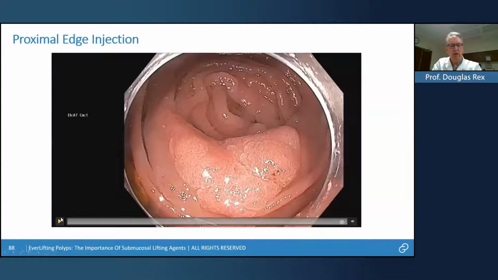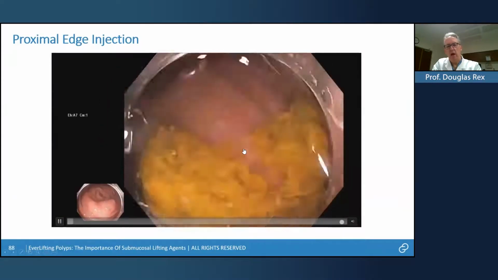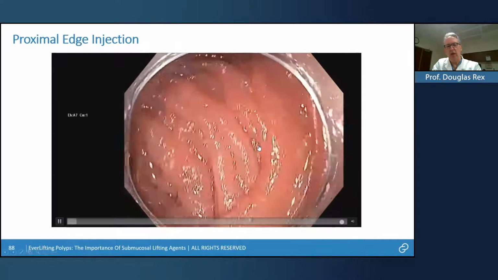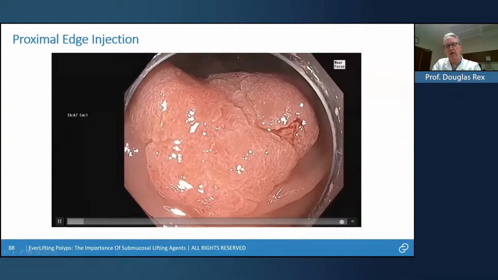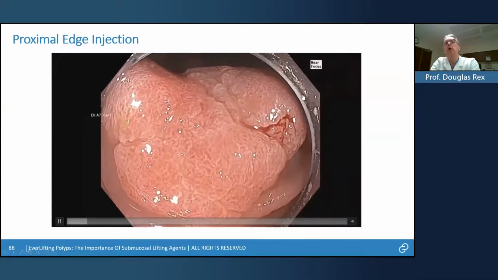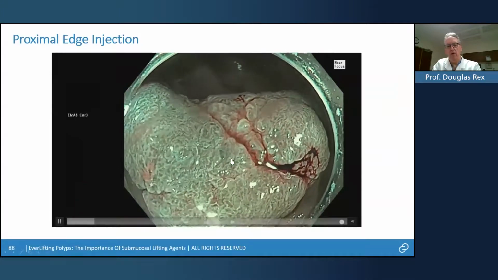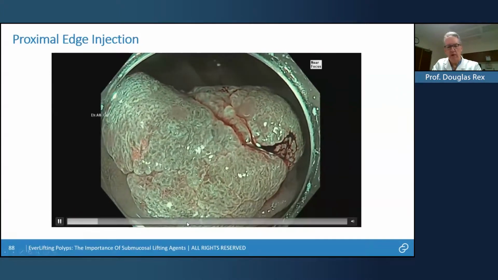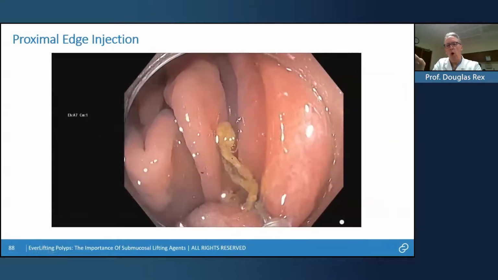This is a lesion that's down in the cecum. And again, you can see that it doesn't look perhaps like there's a lot of lesion on the other side of this little fold down in the cecum. But again, you should never underestimate how much polyp may be over there. So I tried several different tricks, ultimately starting to inject at one end of it.